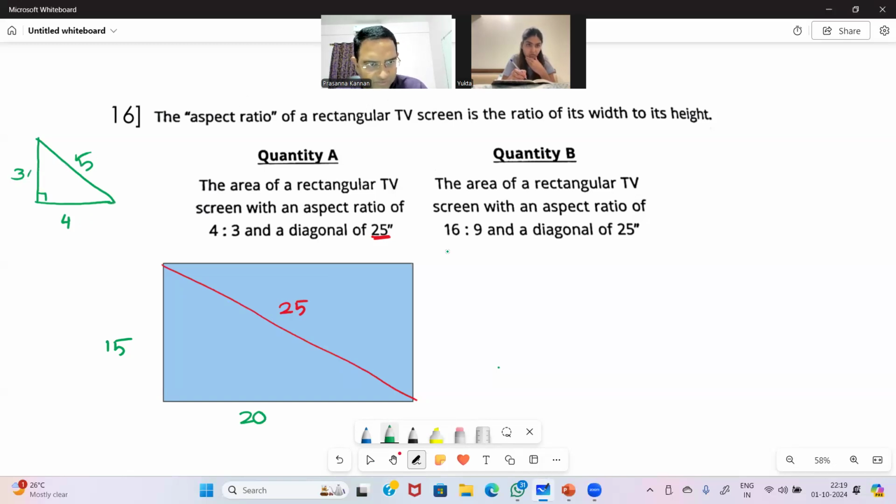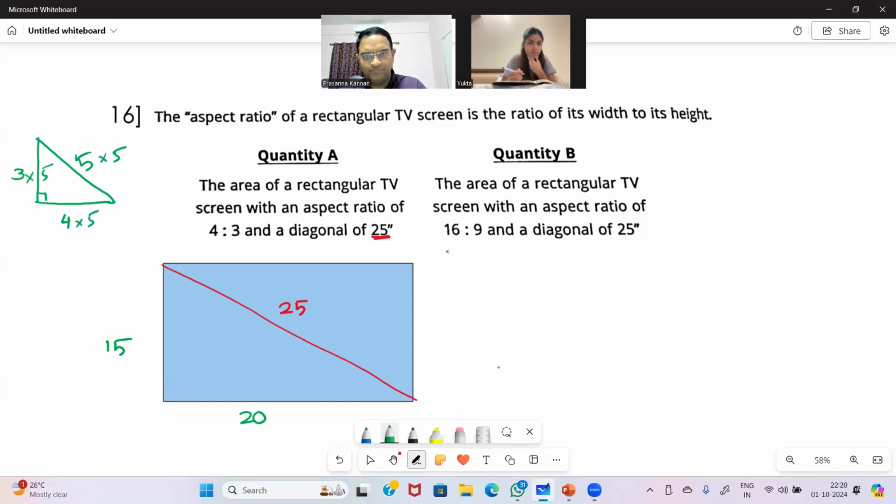The other one will be 3 into 3, 9, 12, and 15. The other one would be 12, 16, 20. The other one is going to be 15, 20, and 25.